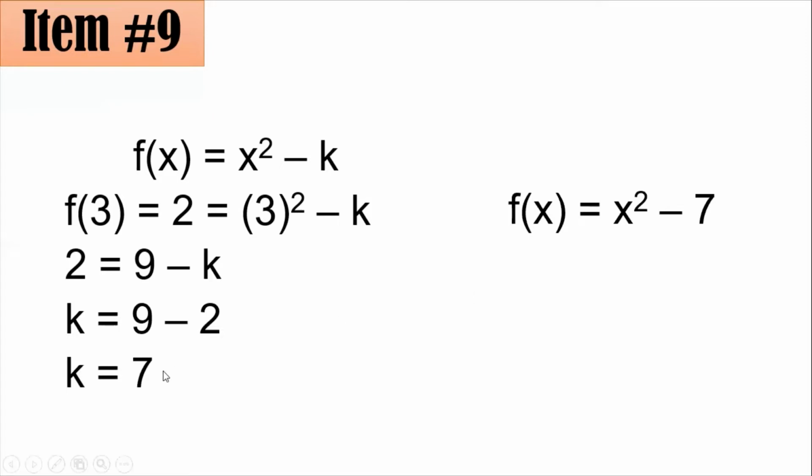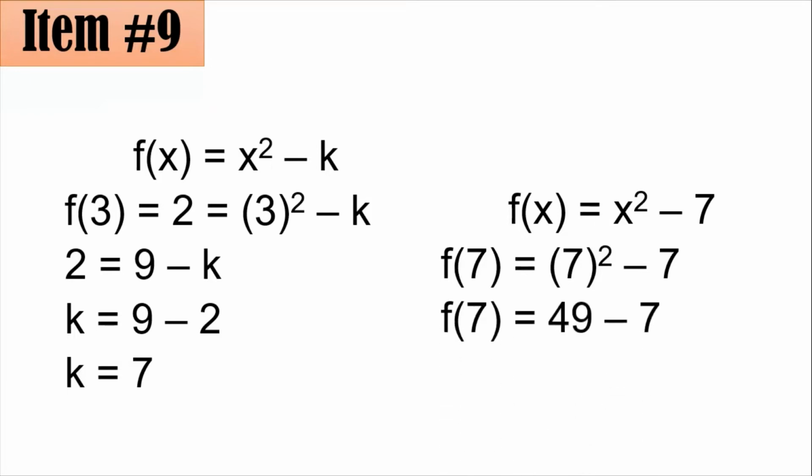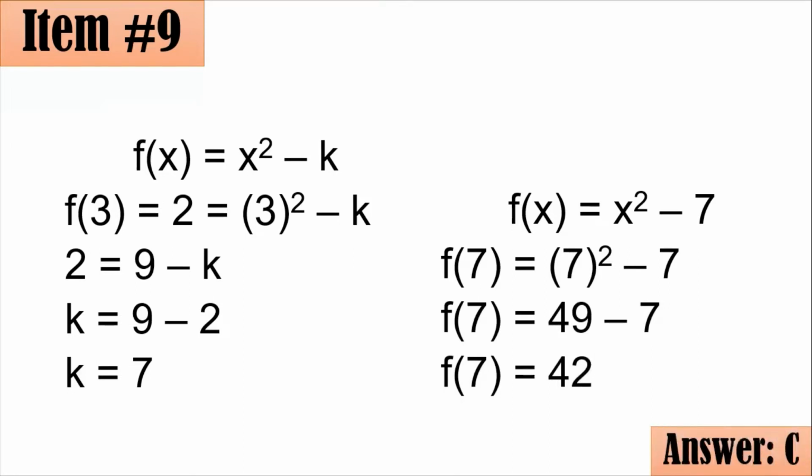Since your k is 7, all x's here will be replaced by 7. So f of 7 equals 7 squared minus 7. That's 49 minus 7, or 42. If you answered C, great job.